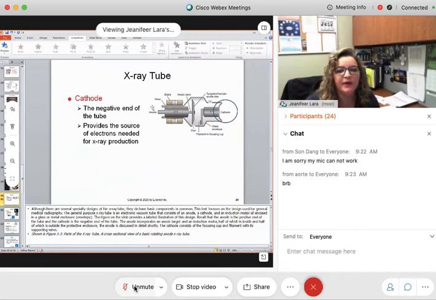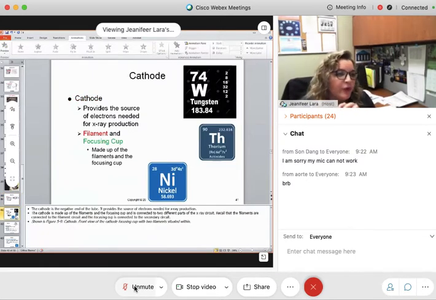So the cathode provides us our source of electrons. We're going to see these elements: tungsten, thorium, and nickel.